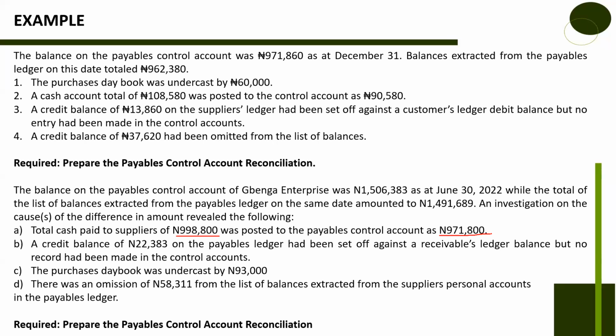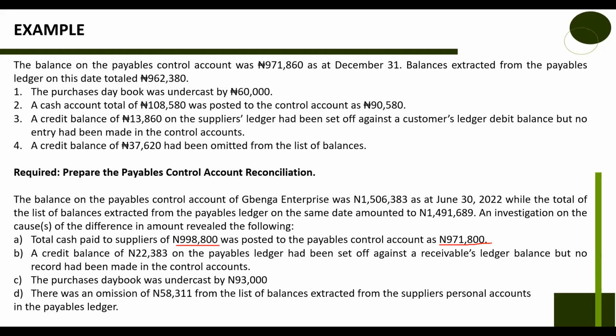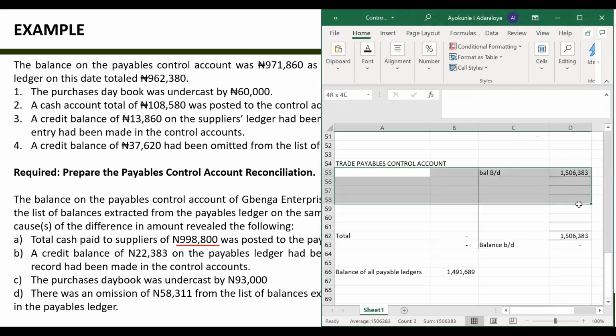You posted cash. So in the control account here, let me help a bit. This balance that we are seeing here, somebody has posted cash paid to suppliers of 998 instead of 971,800. How do we correct this mistake?